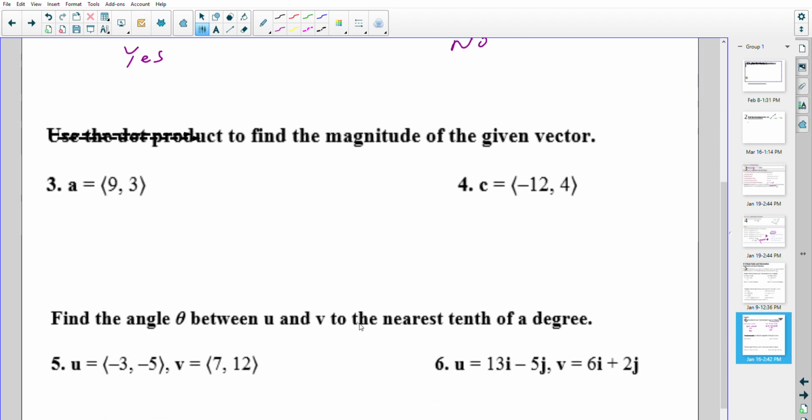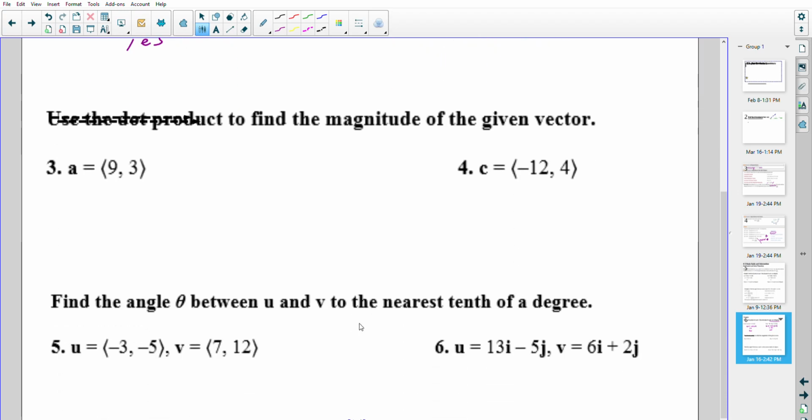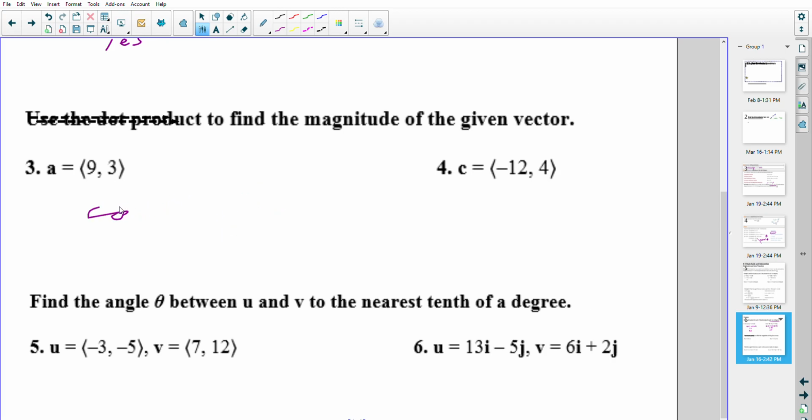Just a little reminder, finding the magnitude. The magnitude is going to be written with absolute value bars, that's the notation, and that's going to equal 9 squared plus 3 squared, or the magnitude of a is equal to the square root of 81 plus 9, which equals the square root of 90.